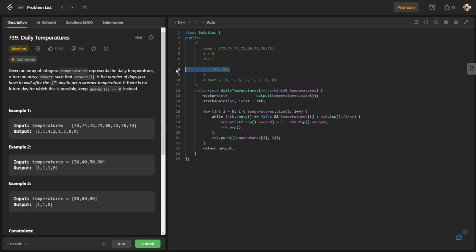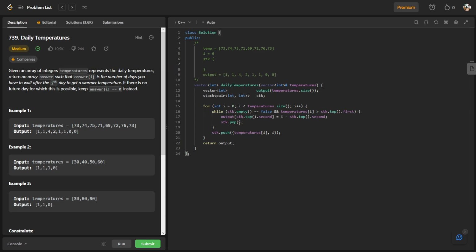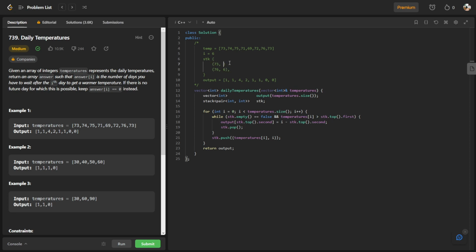Then we pop this, and we just push 76 with 6, and then push one more, 73 with 7, for the last one. Since there is no bigger number ahead of these two, they will remain at 0.